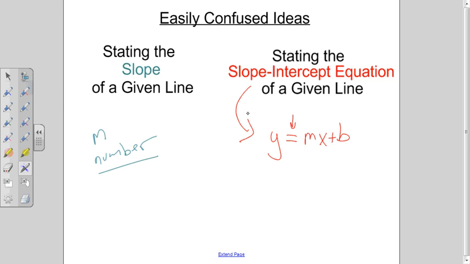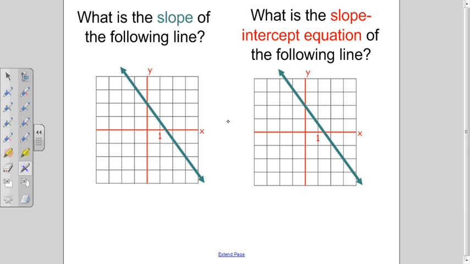So, just to kind of split screen this idea, I'll take the slope of the line on the left and find the slope-intercept equation of the line on the right. They're both the same line. I don't know if that's the best way to do this example, but if this helps it make sense, great.